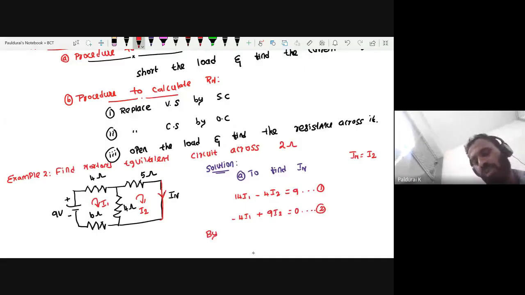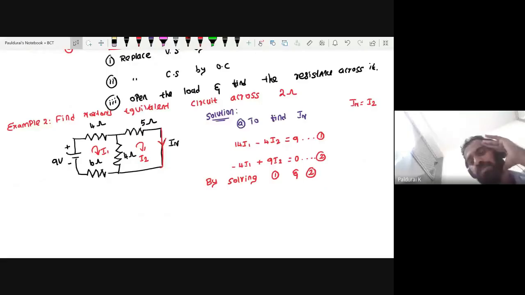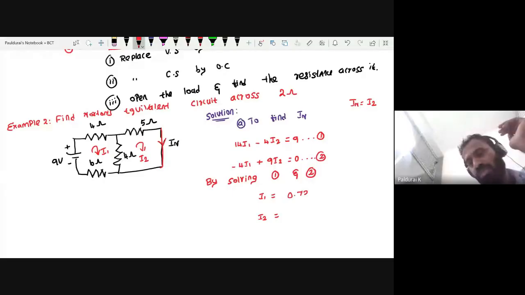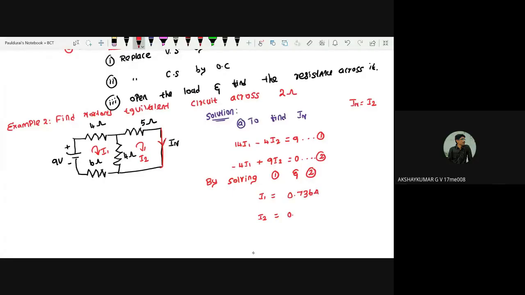Now by solving equations 1 and 2, what is my I1, what is I2? Anyone? Sir, I1 is 0.736 amps. I2? 0.327, sir.